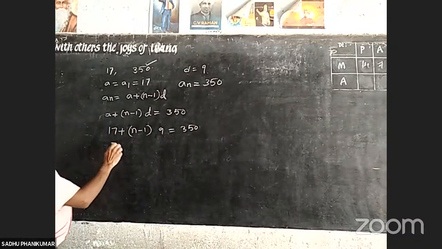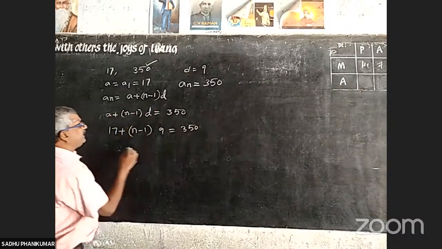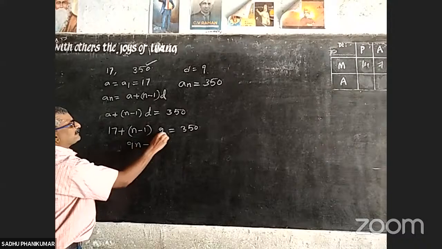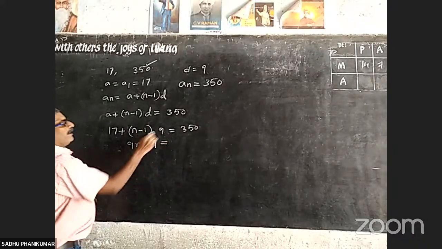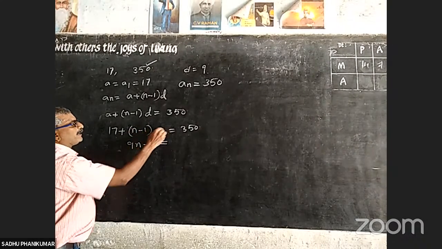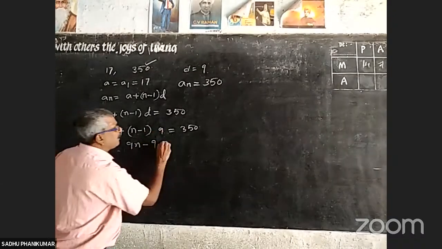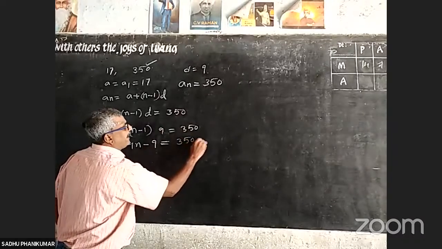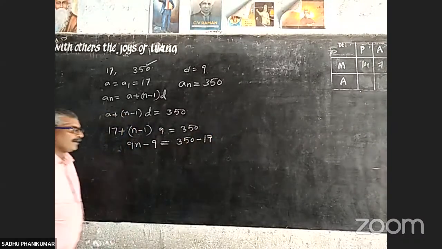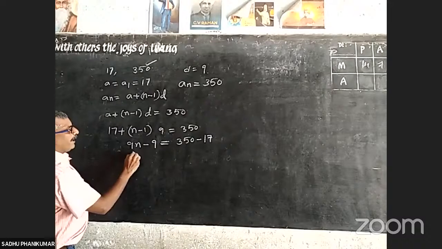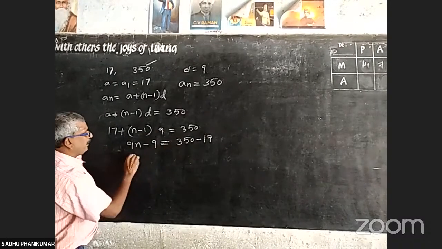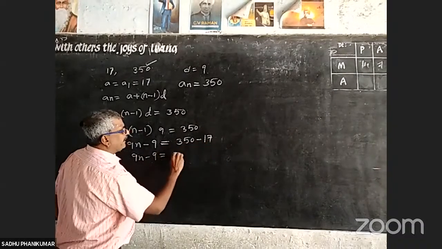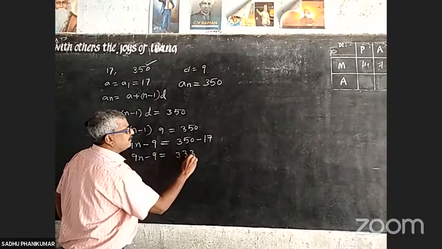Okay, so get this 17 to the other side. 9n minus 1 into 9 is equal to 350 minus 17. So 9n minus 9 is equal to 350 minus 17, which is 333.